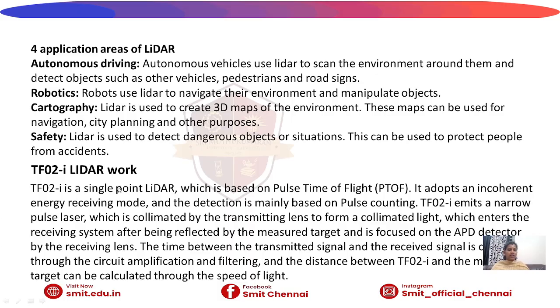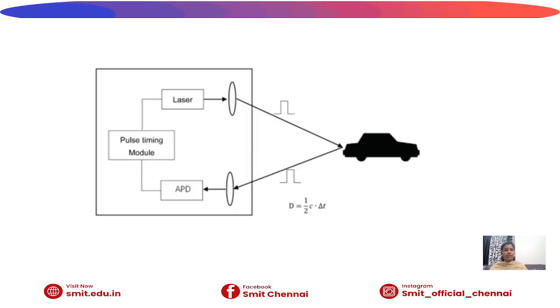Okay, here is a LiDAR I gave you, the TF02-I LiDAR. It's one type of LiDAR which works like this. This is the pulse timing module which is connected to the laser, right? So here this is the light. And also the pulse timing module is connected to the avalanche photodiode.